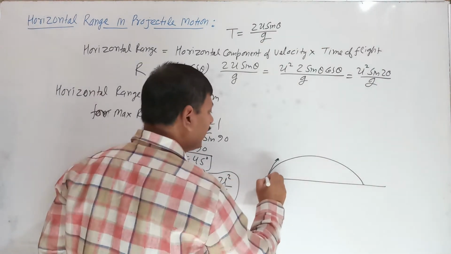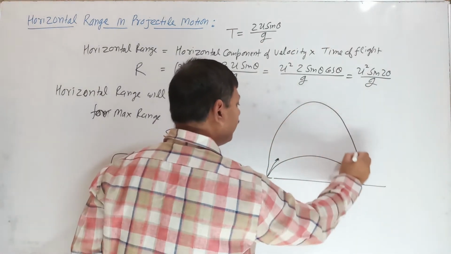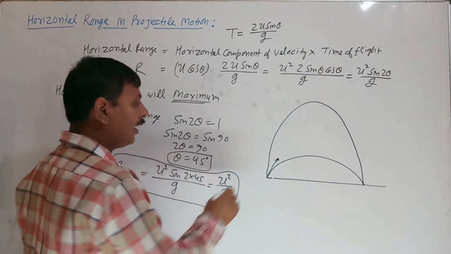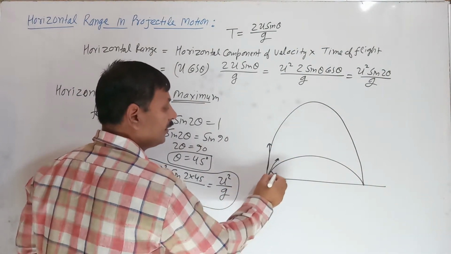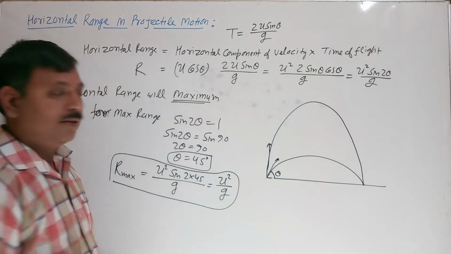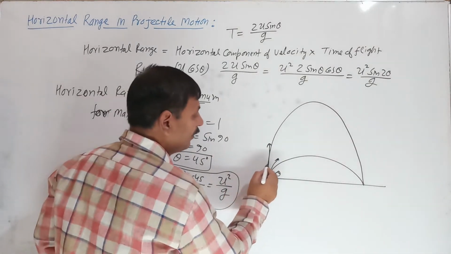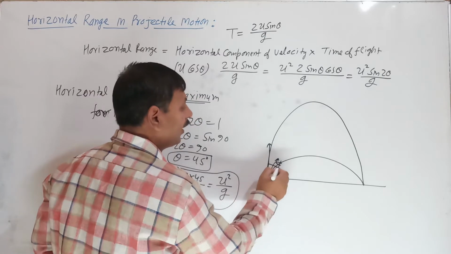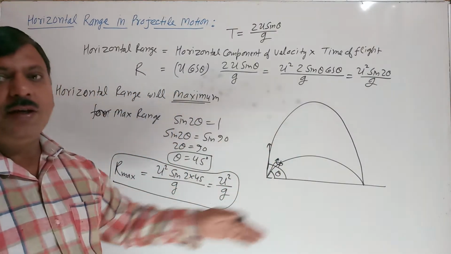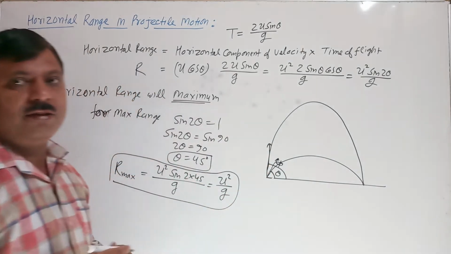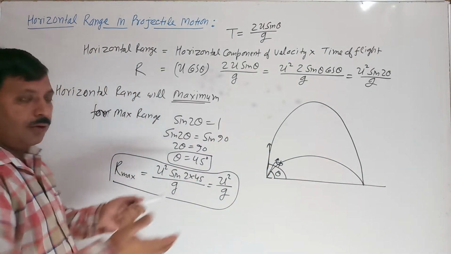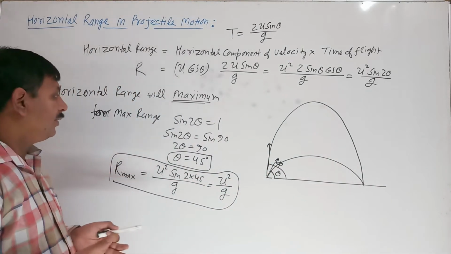I have taken another angle, phi, and at both angles the range is the same. What will be the relation between this theta and phi? I want to tell you what the relation is.